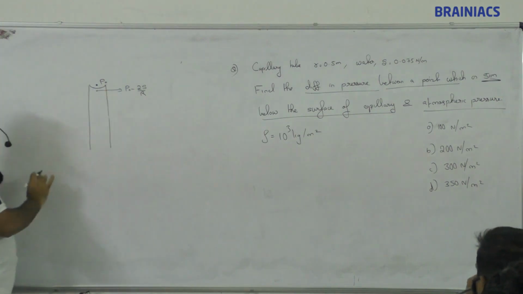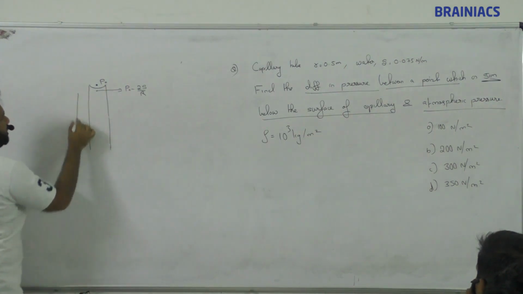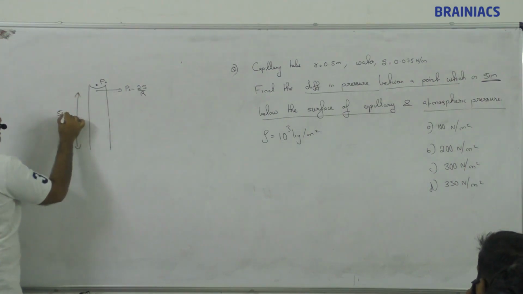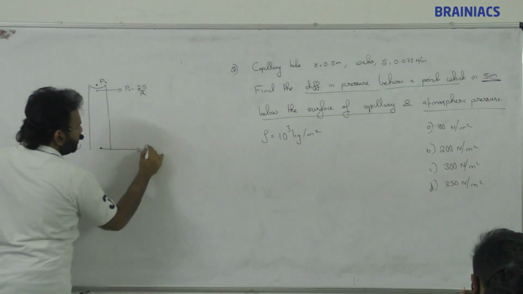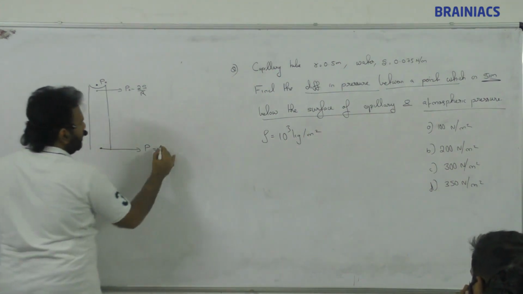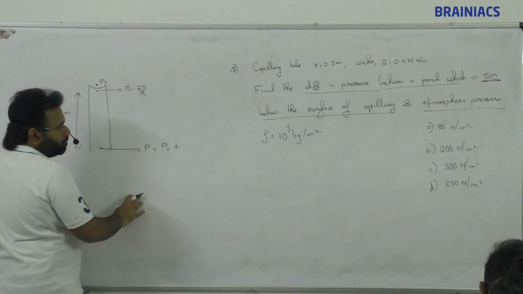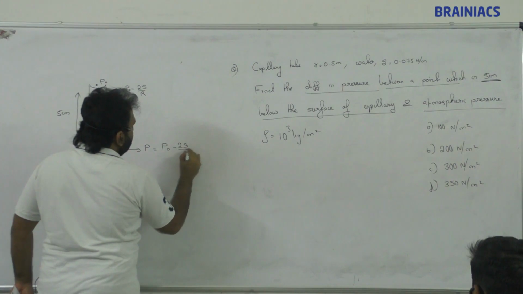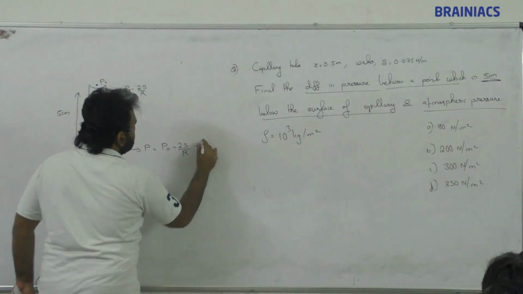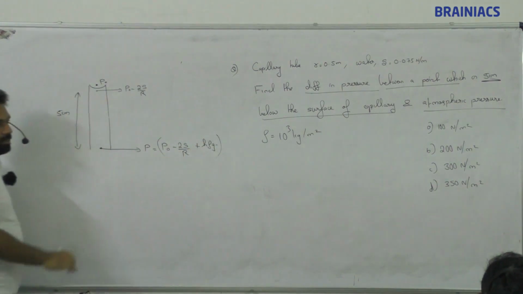So that is the pressure. We need to find 5 centimeter below, right? What is the pressure 5 centimeter below? So this will be P0 minus 2s by r plus h rho g. So that is the pressure here.